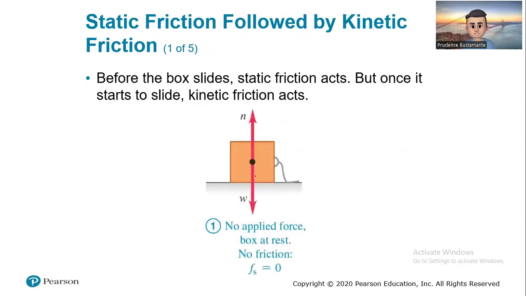Say for example you have a box. Before the box slides, the static friction acts. Okay, let's answer this one. In figure one, the box is at rest because there is no applied force, so there is no friction.